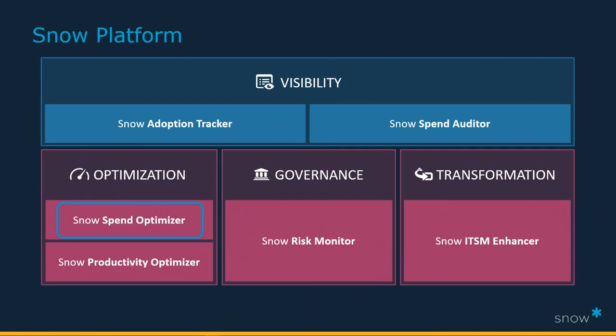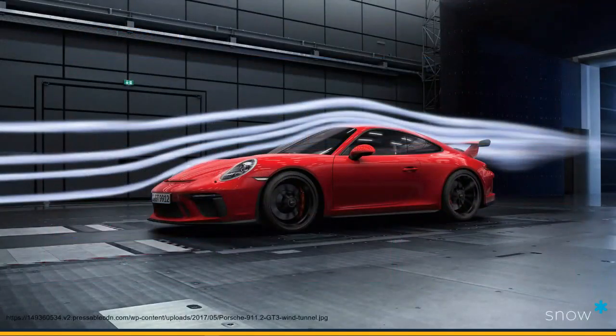Okay, so what is Spend Optimizer? Well, just for a bit of fun, an analogy I like to use, and I really like fast cars, is that Spend Optimizer works a bit like a wind tunnel. It highlights and tells you about any likely inefficiencies and possible wastefulness that exists in your organization, which you wouldn't typically see at first sight.